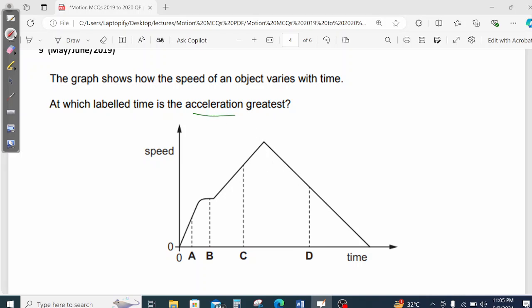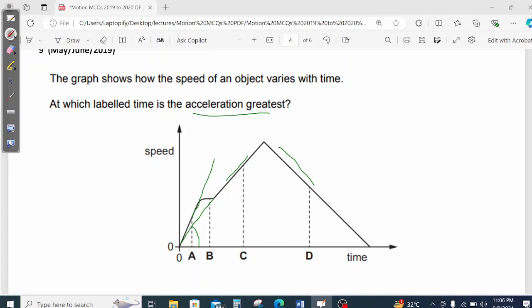It has mentioned greatest acceleration. So remember, I will give you a little bit of a hint. The slope of this line is more than the slope of this line and this line. It depends on the angle. Okay, move it vertically downward, and this angle is smaller.